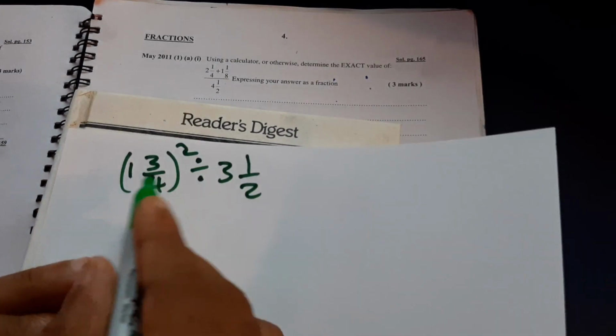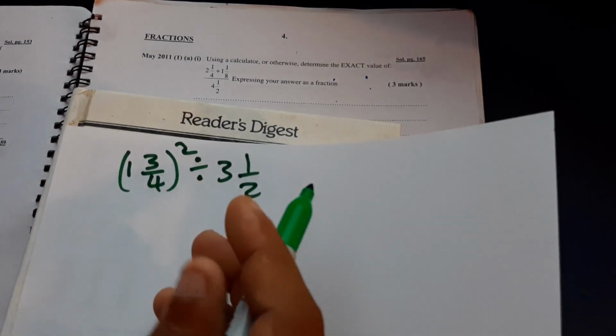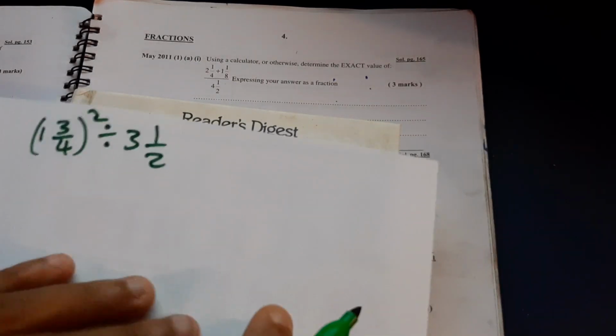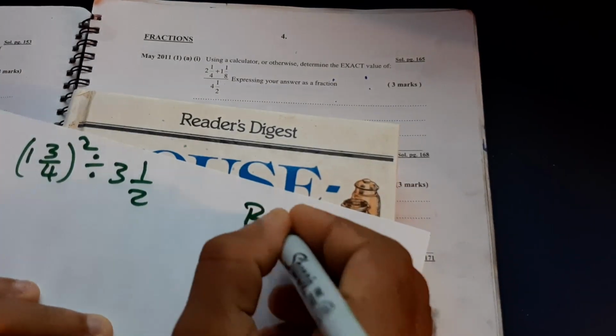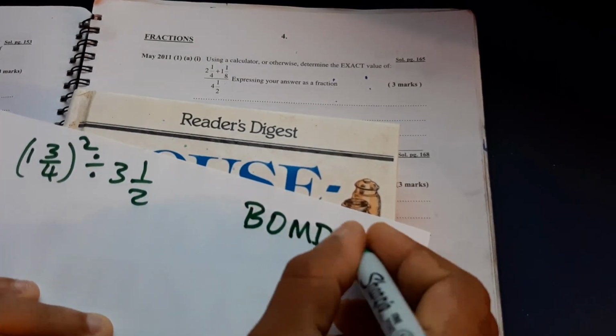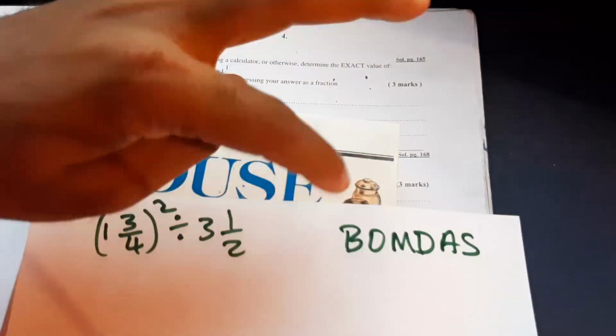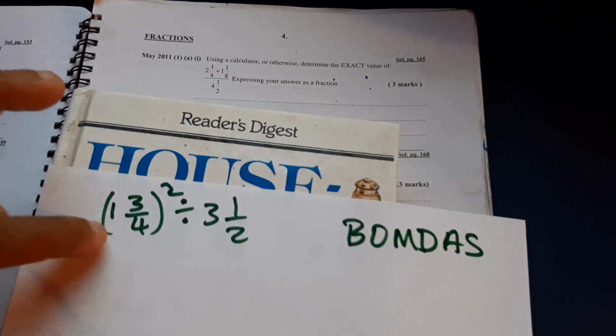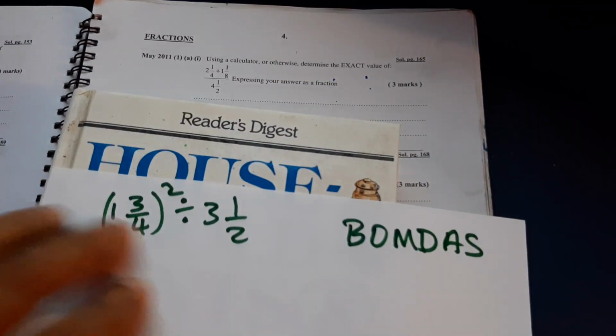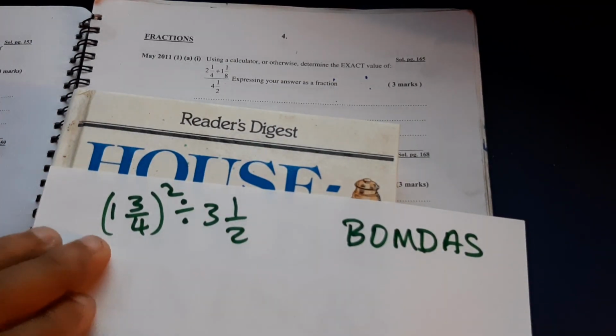With this one, looking at this question, obviously we need to follow BOMDAS again. But before I look at BOMDAS, I'm going to change everything to improper fractions to make it seem a bit simpler.